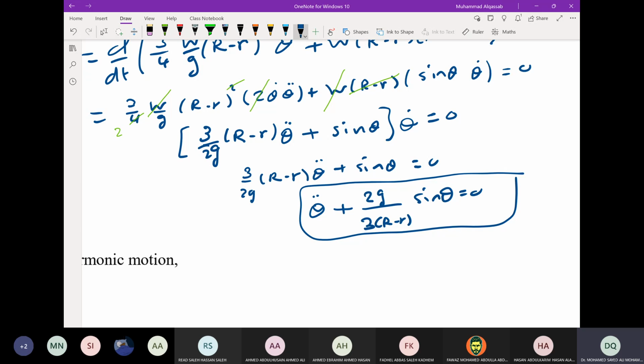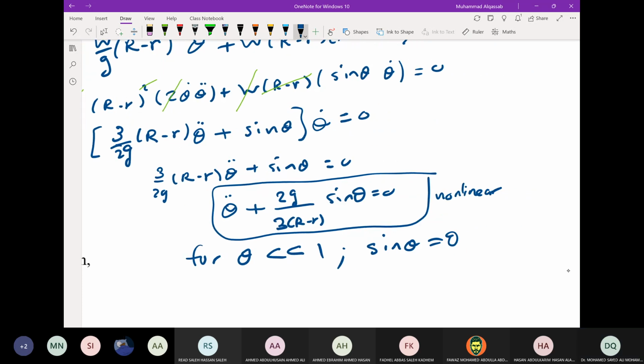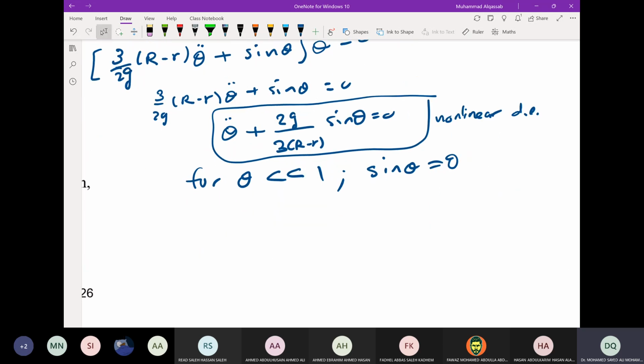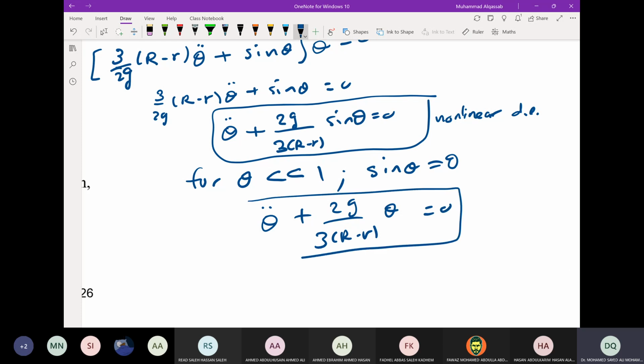And now we start the approximation for theta very much less than 1. We take sine theta as theta, and it becomes a linear equation. With the approximation, we get theta double dot plus 2g over 3(R minus r) theta equal to 0, which is the final linearized equation.